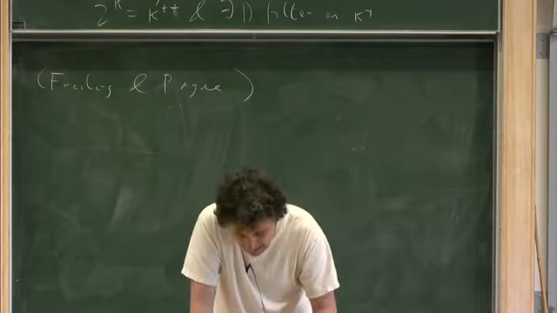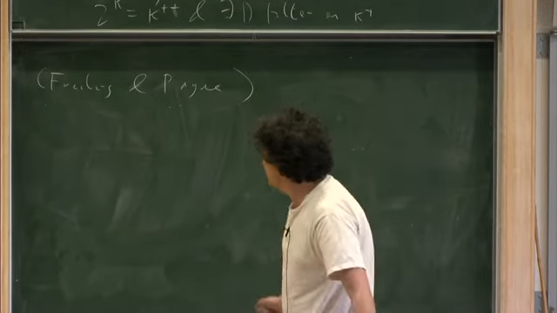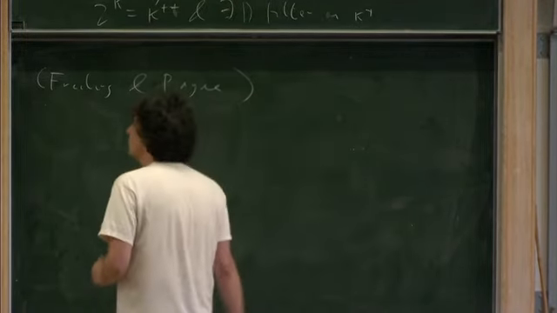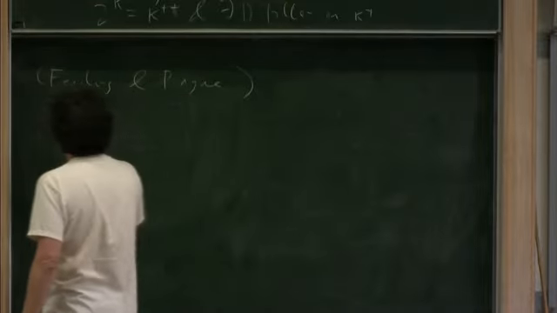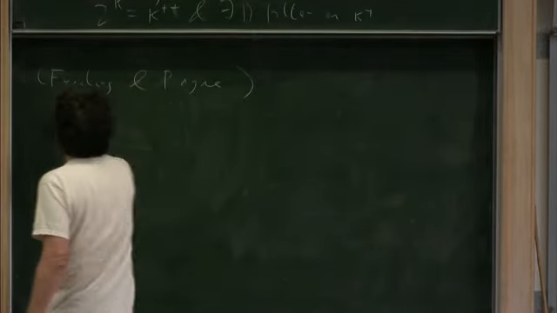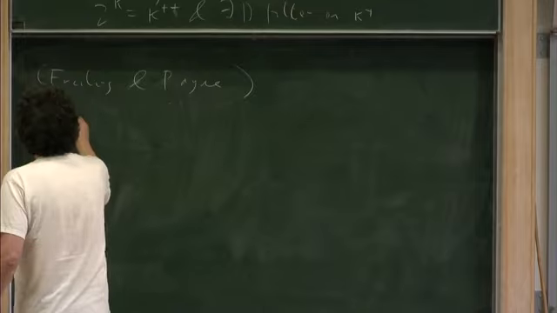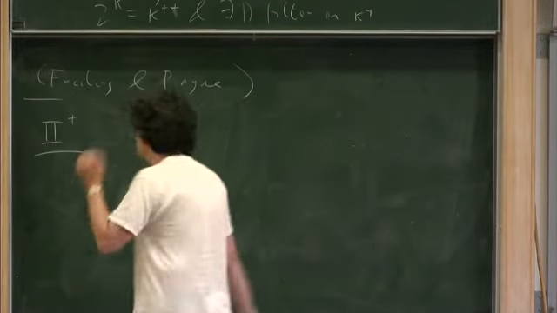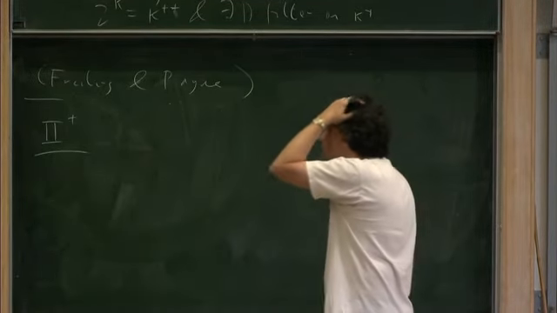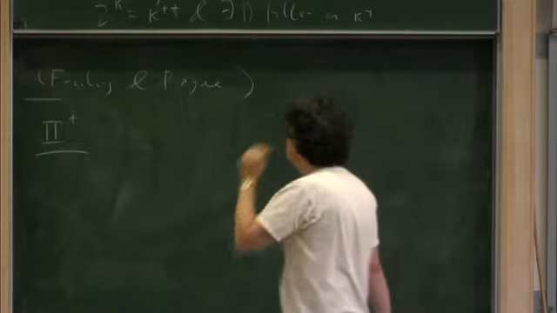But before I can state the relevant result, I need a definition. So let me introduce another property, 2 star. No, I'll call it 2 plus. Plus is obviously super. All right, so 2 plus is a strengthening of 2.